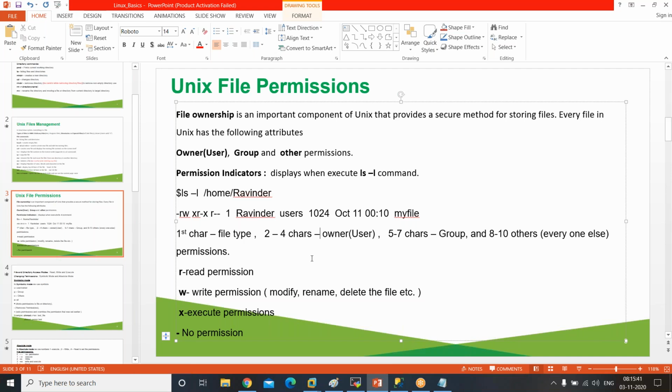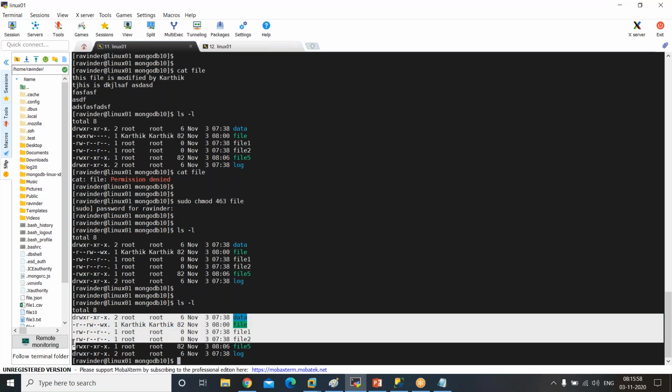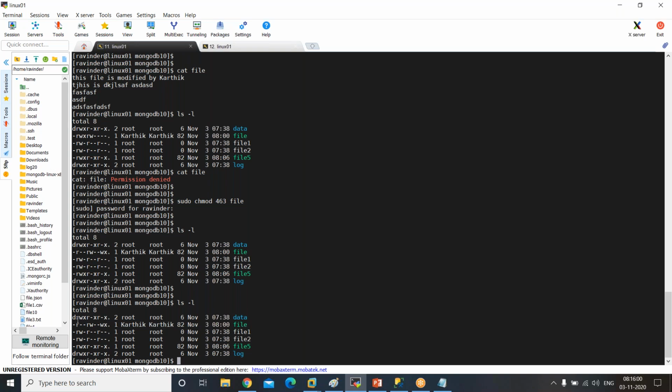Now, see, the first character is the file type. First character D will tell you it is a directory. The hyphen will tell you it is a file. If the first letter is D, it means a directory.